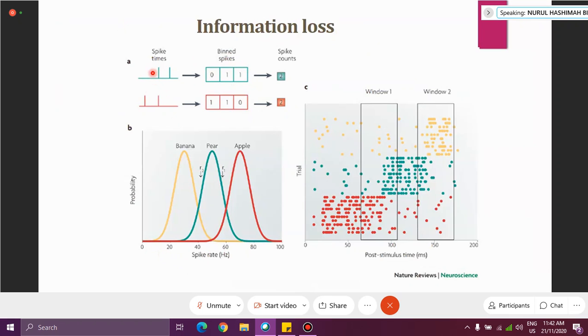For example, the green one is for pear. This is the pattern, and temporal coding gives you this representation, 011, and the spike count is 2. Apple also has a spike count of 2, but the pattern is different: it's 110.